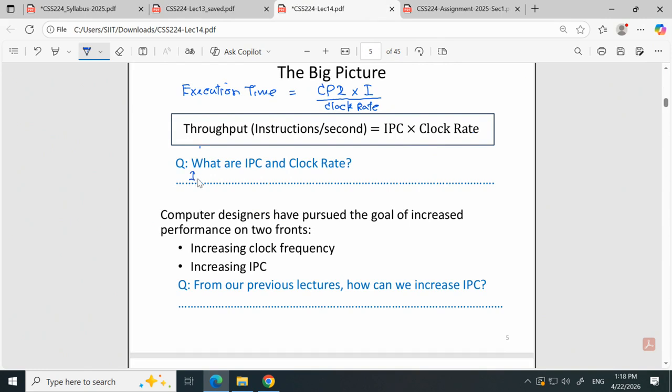Instructions per clock cycle, and the clock rate is the number of clock cycles per second.